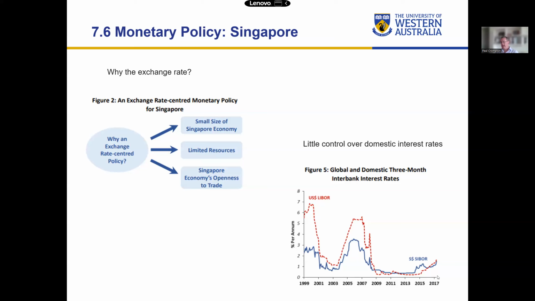Let's just assume that that happened. Then you would have interest rates in Singapore at say zero, interest rates in the US moving to 2%. That's a 2% positive differential. What would happen? You would have investment money in bond markets and stock markets.